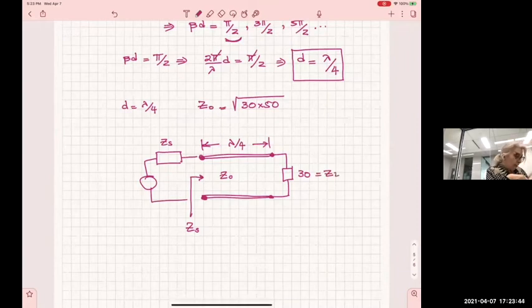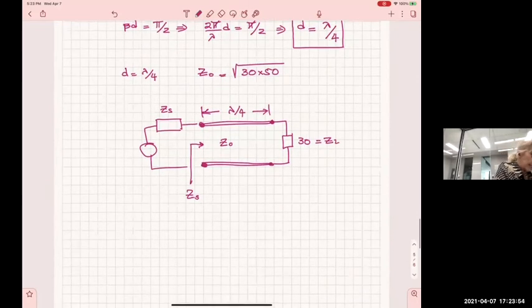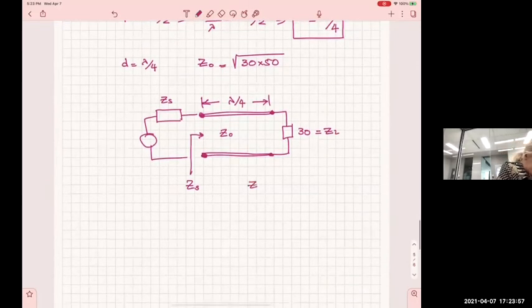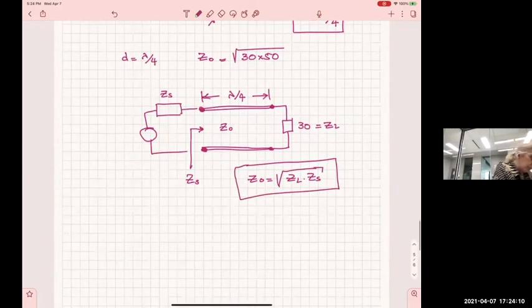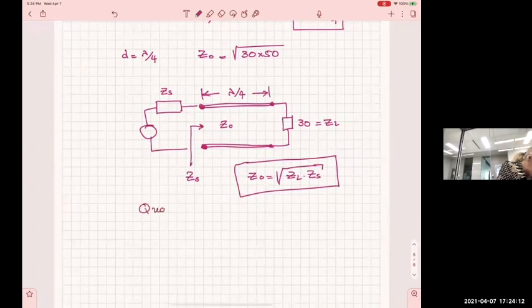A quarter of a wavelength line that has a real load and wants to match to a real source impedance can do that if the characteristic impedance of the line is the square root of the load times the source impedance. That is a very important section of a line and is called the quarter wavelength transformer. And you will always remember it, transformer.